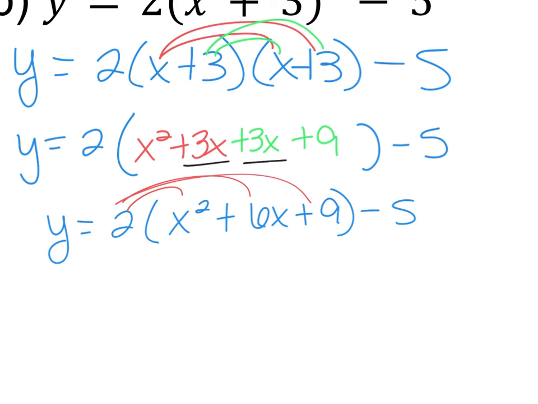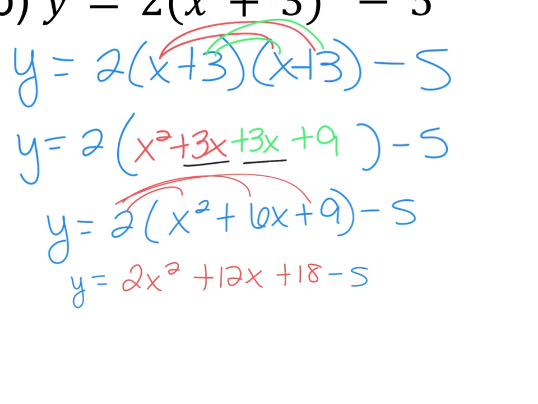So 2 times, and we're not distributing it to the -5, just the stuff in the parentheses. So this would end up being 2x squared. 2 times positive 6x would be positive 12x. 2 times 9 would be positive 18. And then drop everything else down.